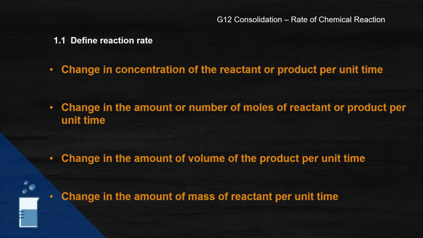What is the reaction rate? Well, it is the change in something per unit time, because rate is referring to time frame. So in this case, change in concentration of the reactant or the product per unit time. The second one that you could use is change in the amount or number of moles of reactant or product, and again, per unit time.